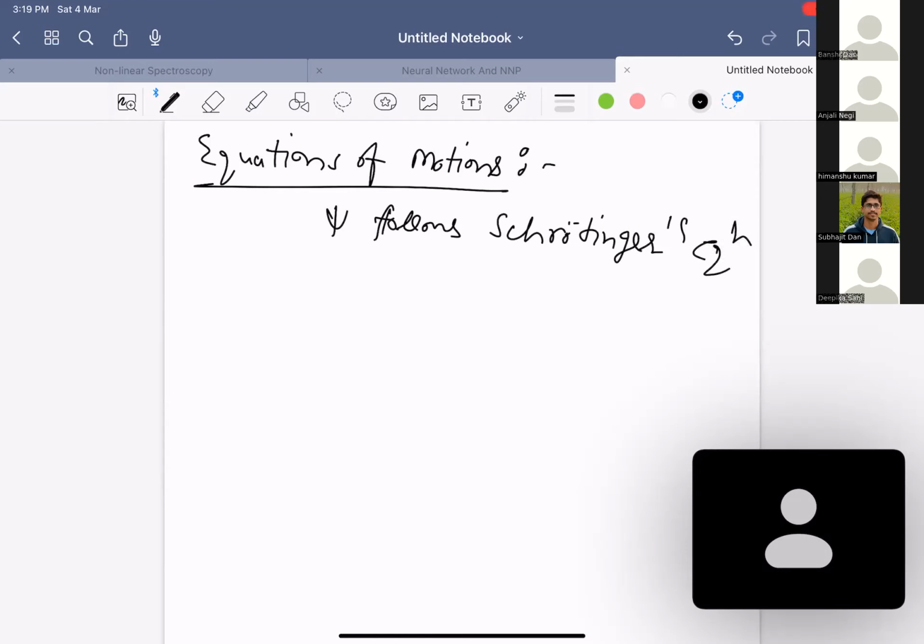In that case, we know that Schrodinger's equation is just the Hamiltonian acting on psi equals i h-cross times psi dot, where the dot is the time derivative.